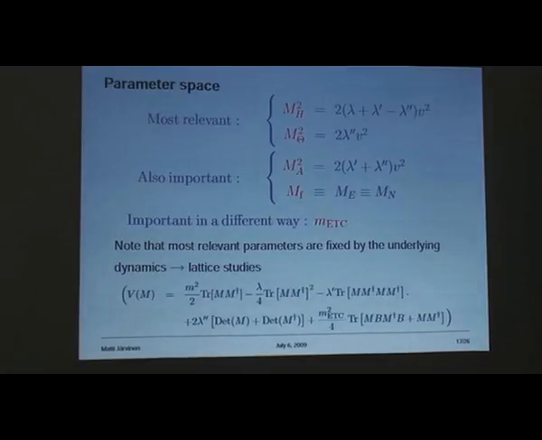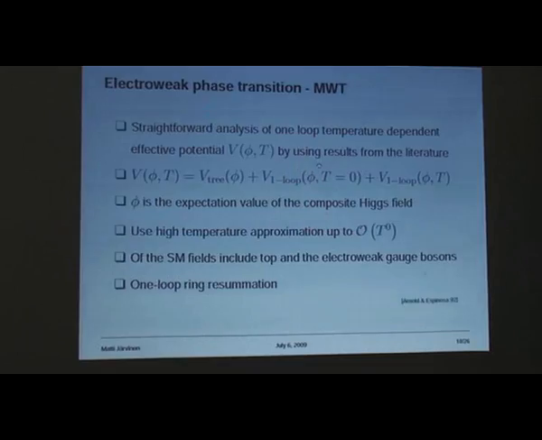And then I will tell you how we actually calculated the effective potential. We take the Lagrangian, which has the scalars coupled to the standard model, and this is kind of the standard calculation.